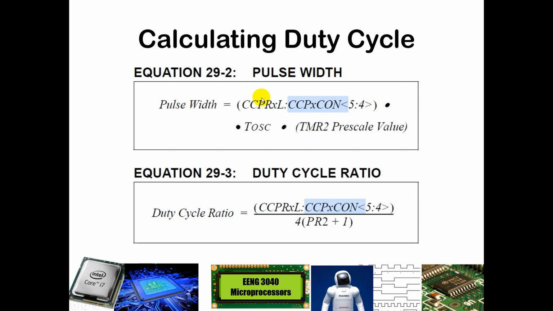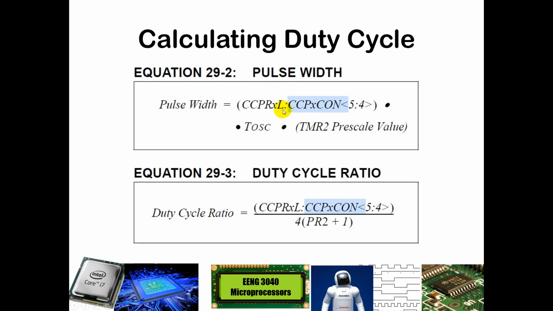That is based on your value in the CCPR. We're going to use 1 because we're doing CCP1, but notice this is what your data sheet does when it puts X in those places. So we're going to be determining our pulse width, how long we are high relative to the overall period. And this colon here indicates that we're concatenating, meaning we're putting together.